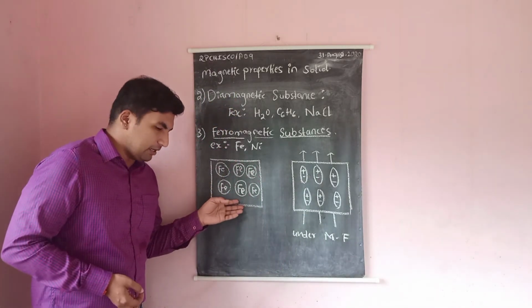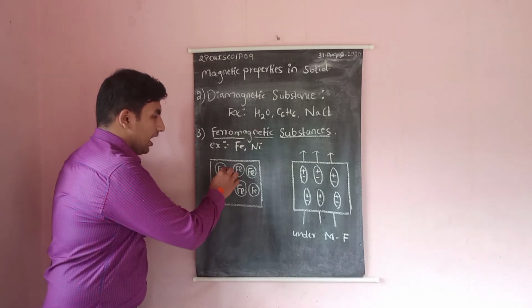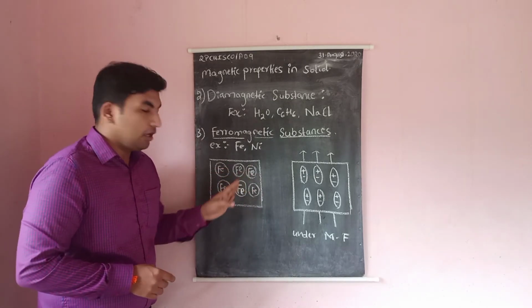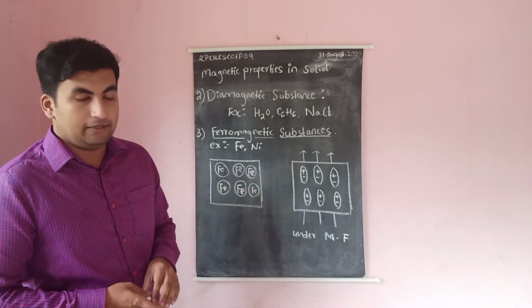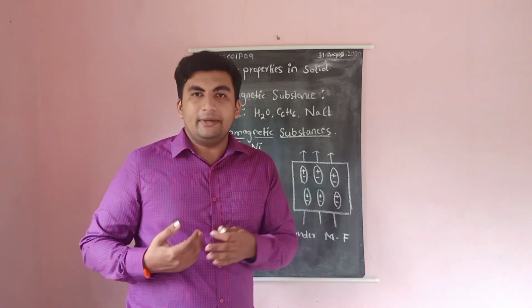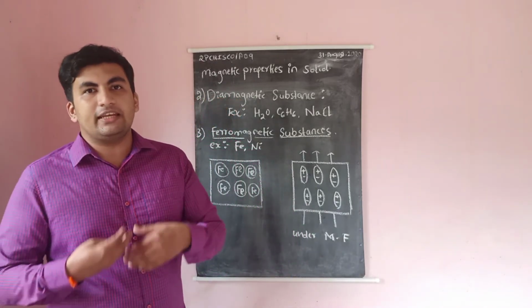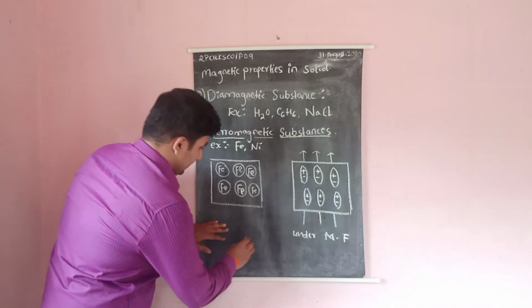If I consider an iron substance, these are the iron atoms arranged in the substance. Iron is electropositive, like all metals, which means they release electrons and give charged species, right?